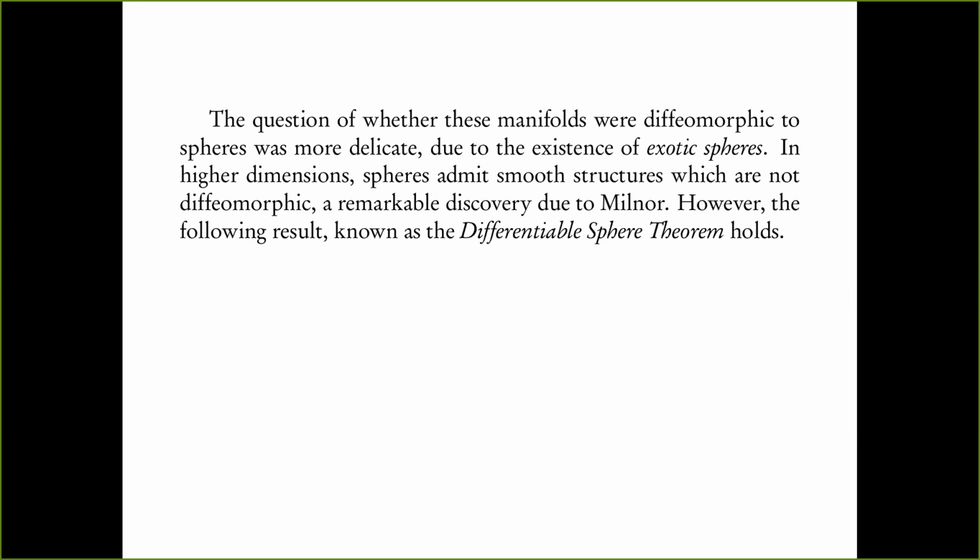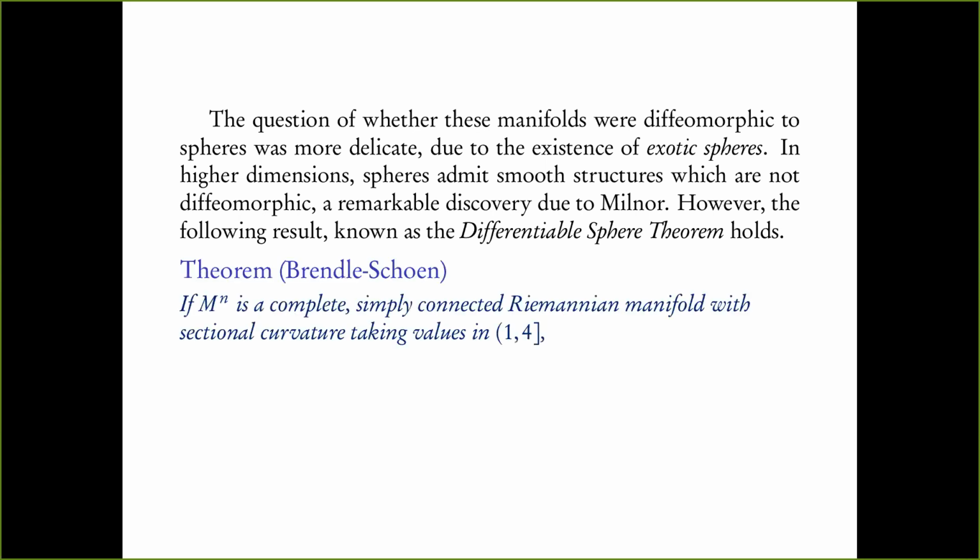So it's remarkable that the following result is true, and it's now known as the differentiable sphere theorem. It is due to Simon Brendle and Richard Schoen. This says that if Mn is a complete, simply connected Riemannian manifold with sectional curvatures taking values in the open-closed interval (1, 4], actually the assumption is slightly weaker, but let me not get there, I think this is good enough, then M is diffeomorphic to Sn with the standard smooth structure.